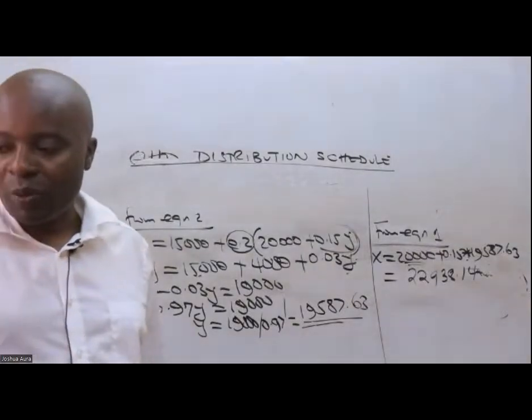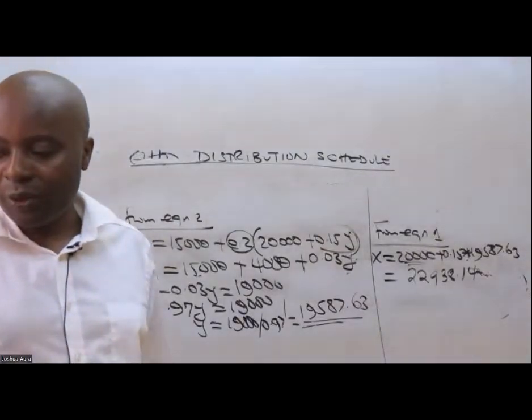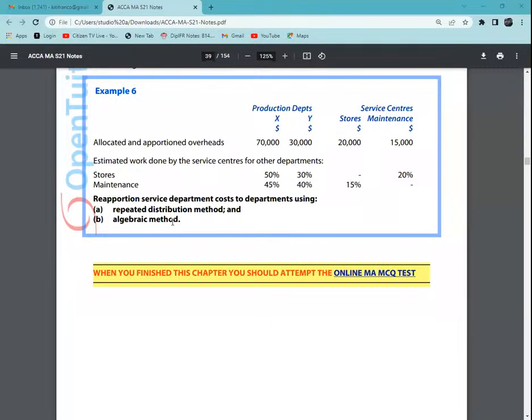So going back to our question, these are our departments. We have X, Y, stores and maintenance. So give us the allocated overheads.